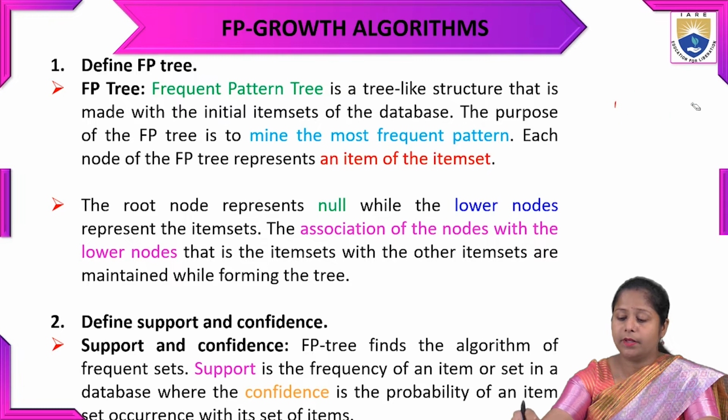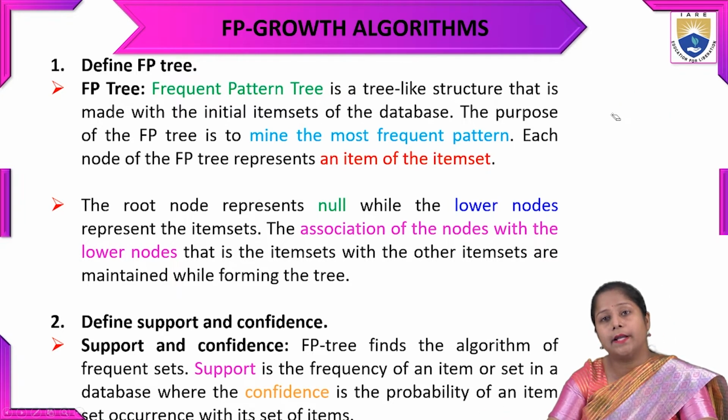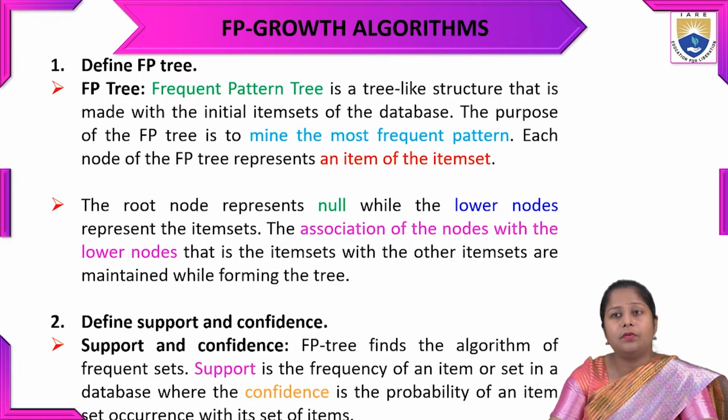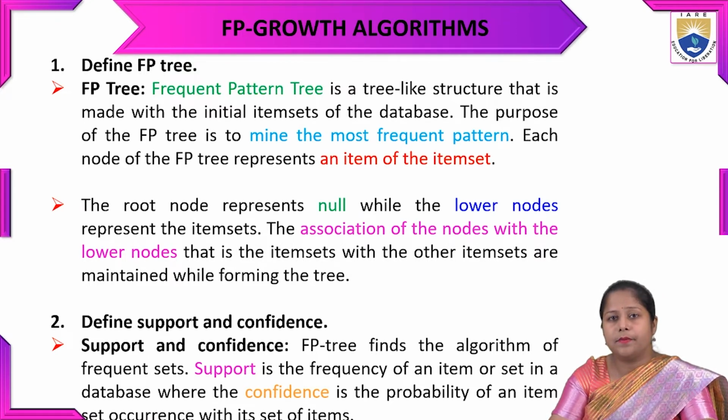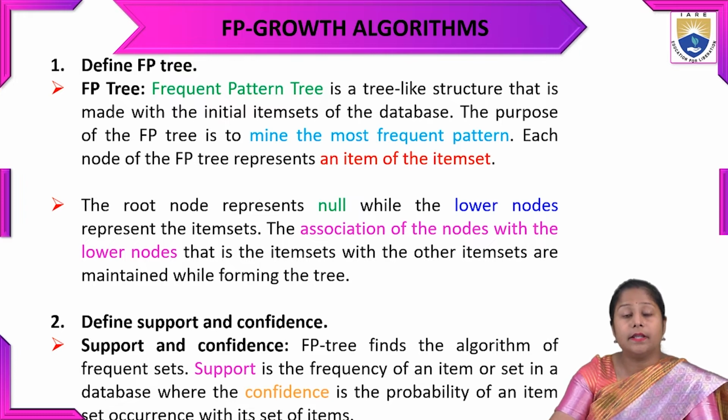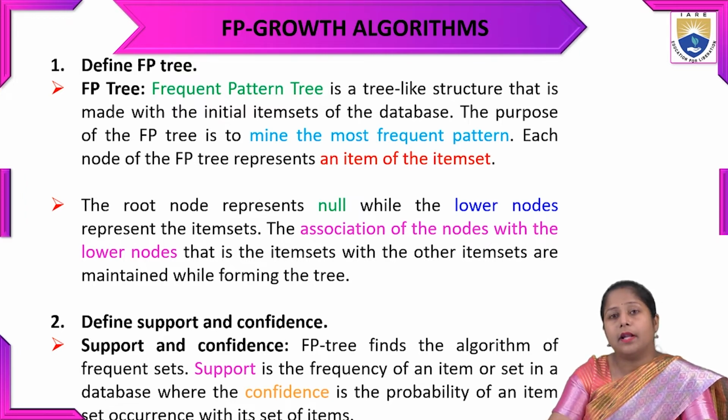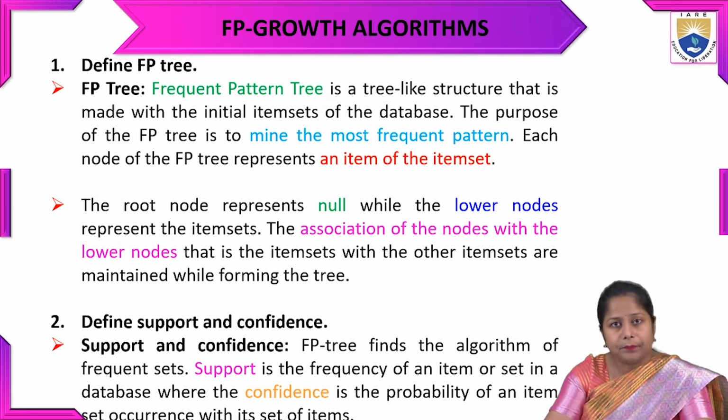The right-hand side and left-hand side nodes all are item sets. The association of nodes with lower nodes, an item set with other item sets, is maintained like this and forms a tree. That will be the frequent pattern tree.